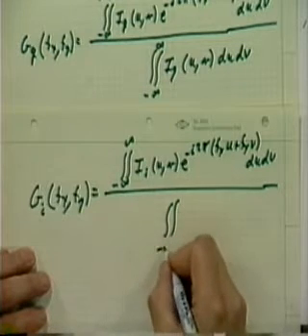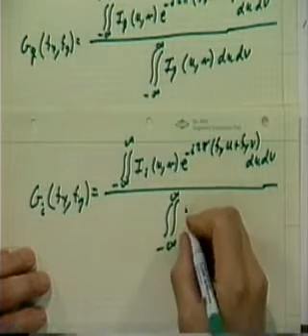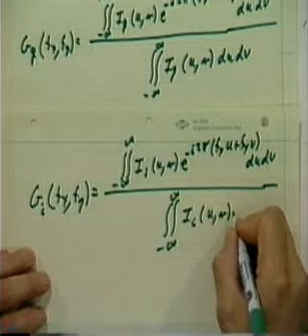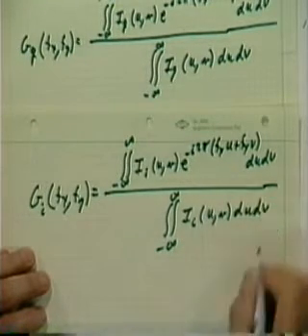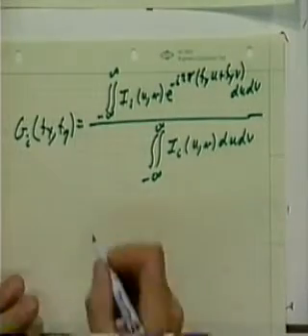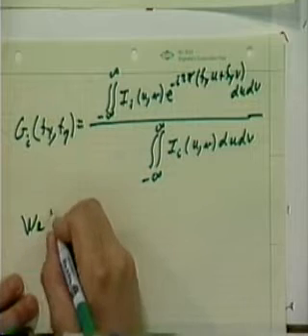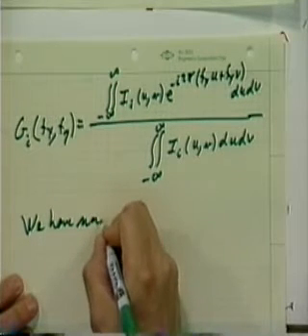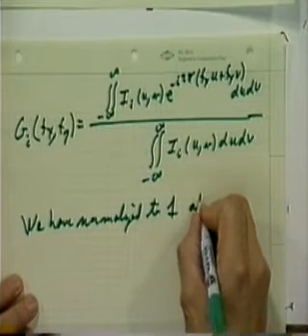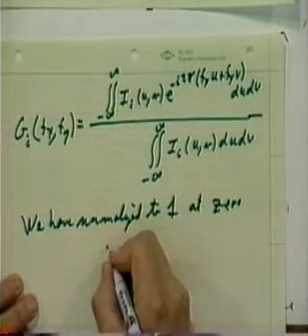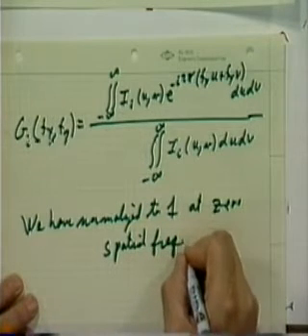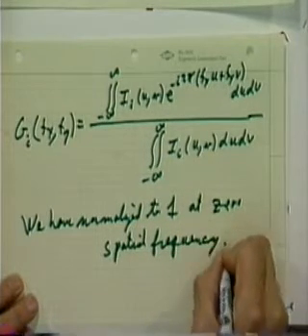And again, we will divide by what we have at zero spatial frequency, so the integral of I sub i, du dv. And so we have normalized to 1 at zero spatial frequency. Okay.